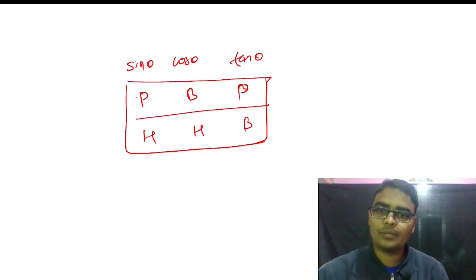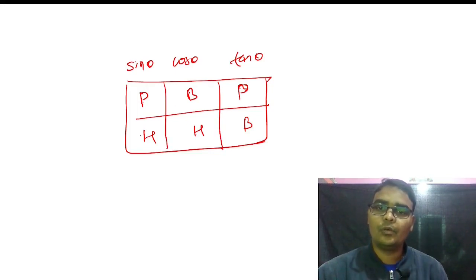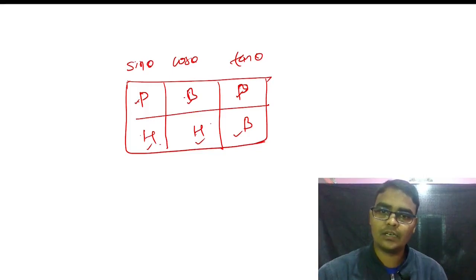There is a formula to remember all this: perpendicular upon hypotenuse, base upon hypotenuse, and perpendicular upon base. So we can remember it as Pandit Badri Prasad Har Har Bol.